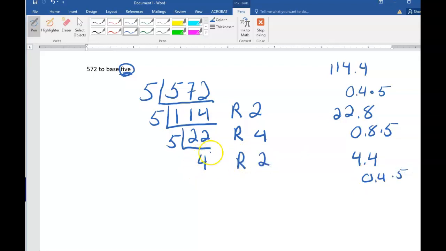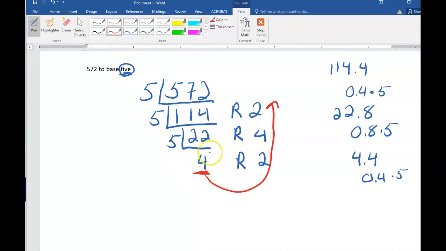Now, if you notice here, I can't put 5 into 4. So once I get to this point, and I know that I can't divide this number right here by the base that I'm looking at, I stop. When I stop, I start taking this number and I go up.